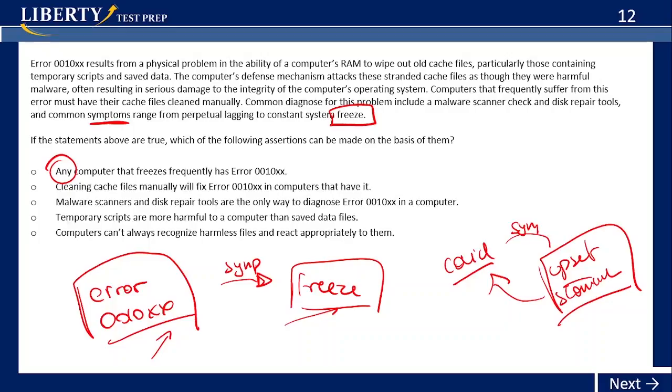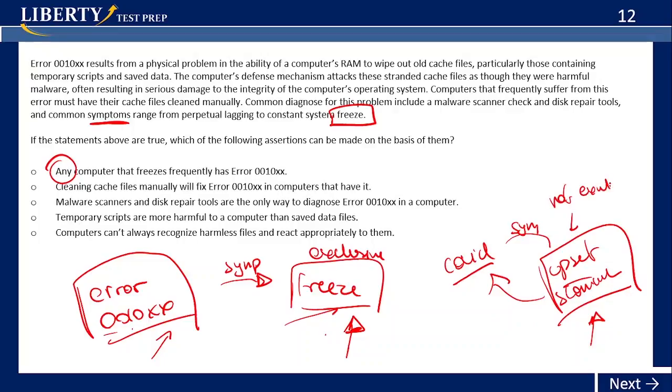Now, let's say the other way around, right? If you have a computer that freezes, does it mean that it has error 0010 XX? Not necessarily, because that's a symptom. It doesn't mean that this symptom is exclusive of this condition. The same thing, if anyone who has an upset stomach has COVID, no, right? Because this is a symptom, but it's not exclusive.